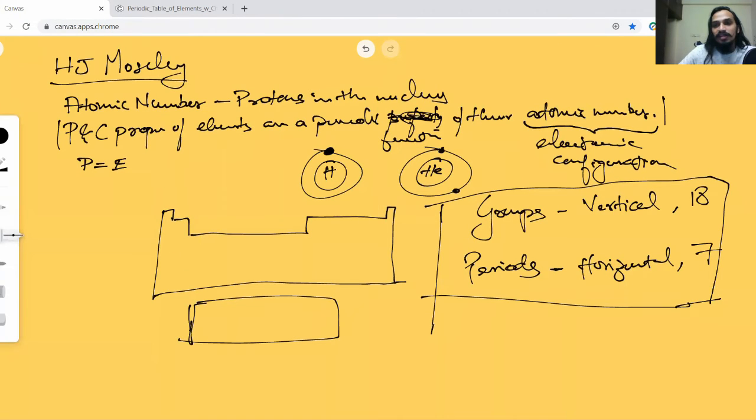All of this is based on nothing but the electronic configuration, which is again one word that we used over here. So if I use the electronic configuration of an element, the last electron of that atom is going to decide where it falls. If I talk about hydrogen, we remember its atomic number is 1, so we write it as 1s1.